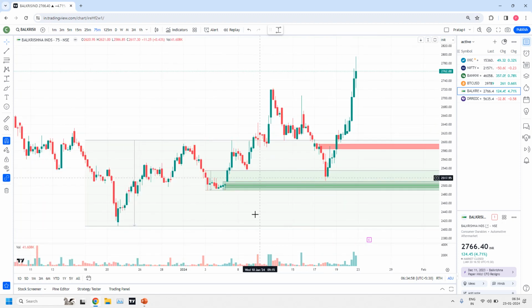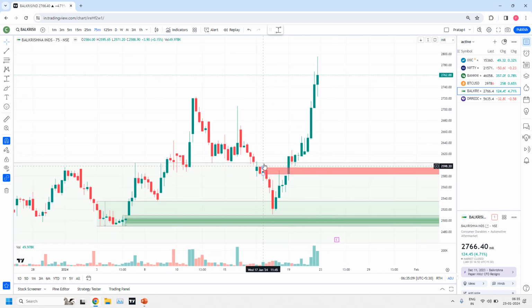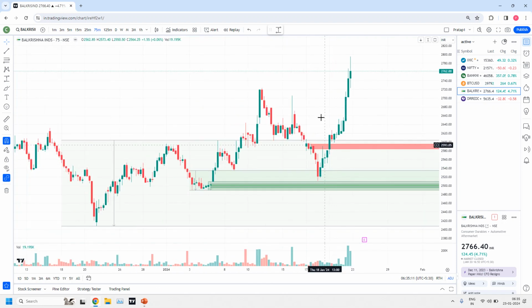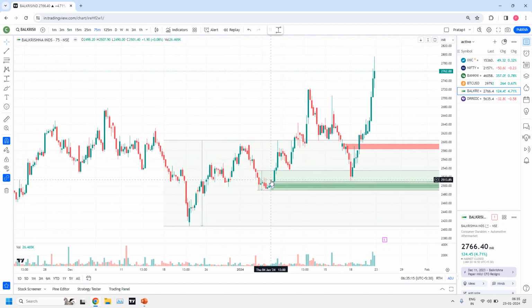Generally, you know what happens? When you have such structures, people mostly target longer targets. Rather than this 75 minutes target, people look for even longer targets. When your entry zone, meaning your LTF zone, is inside the ITF zone, and your ITF is inside the HTF.